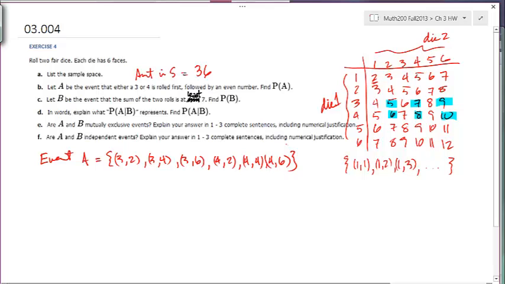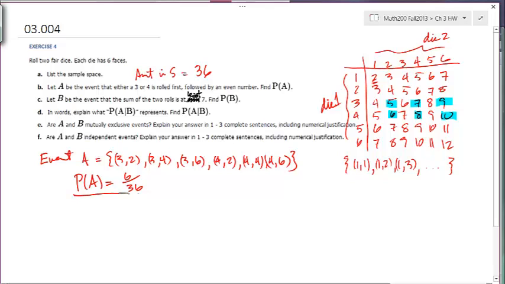So that's the event A. Notice that there are 6 of them, and you can see that by the highlights. So the probability of event A happening is going to be 6 out of a total of 36.